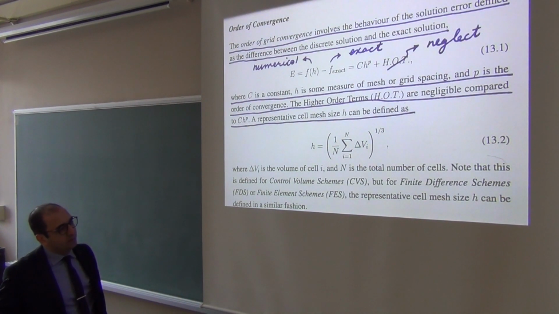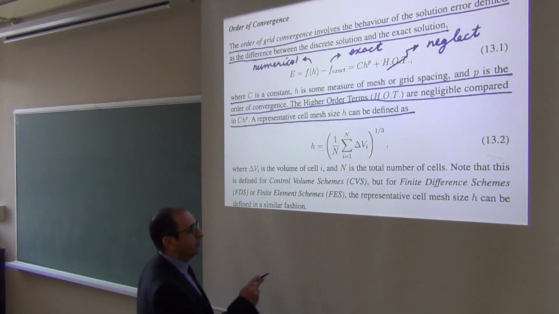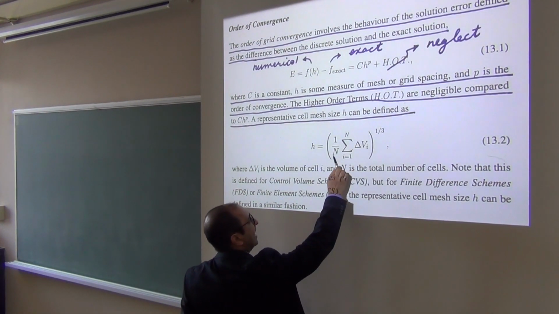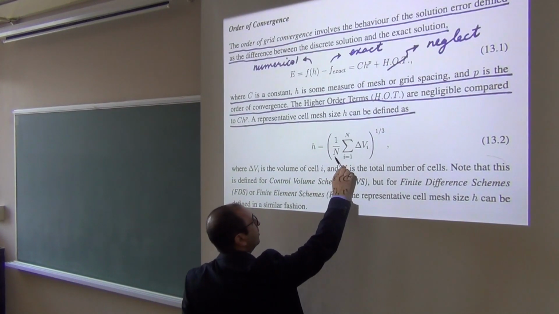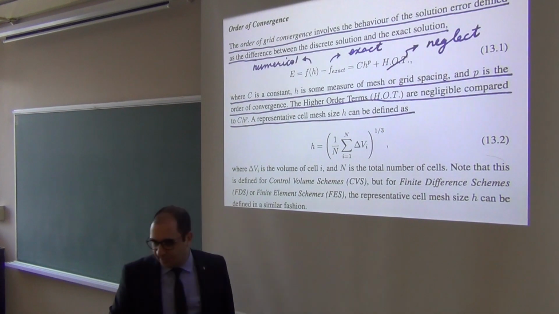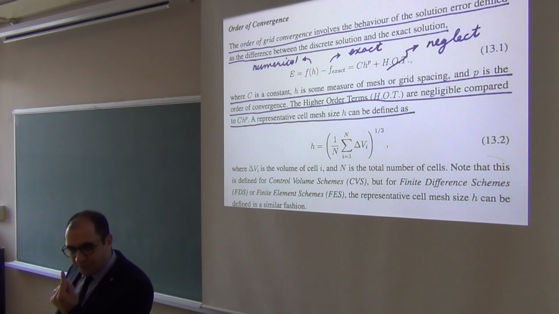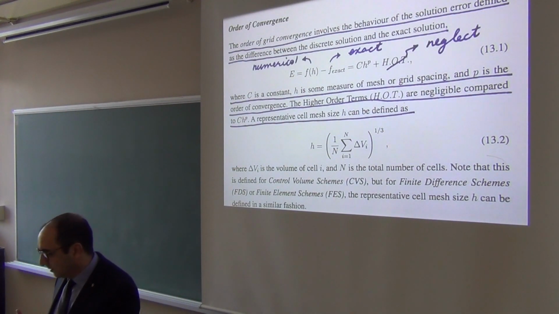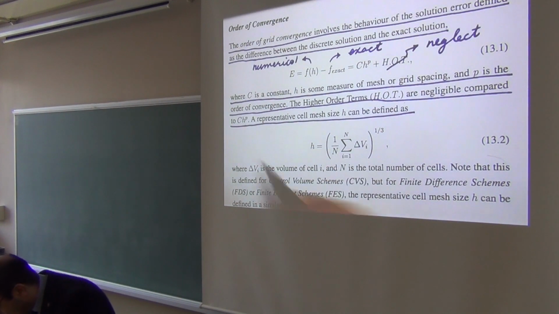Well, what's the average size of all these blocks? You add all the volumes together, divide by the number of blocks to find the average volume, and then take the cubic root. This should be the representative cell size for the whole thing. It's one number for the whole mesh, even though the mesh is variable in the grid size.